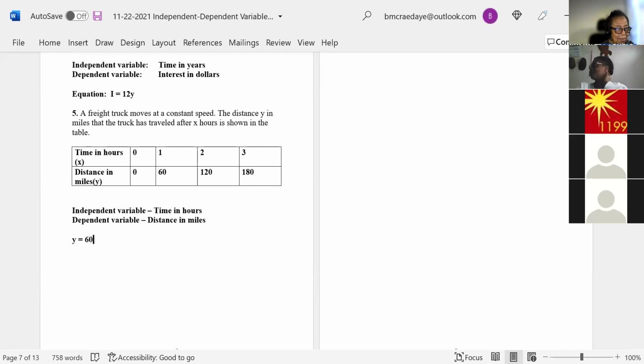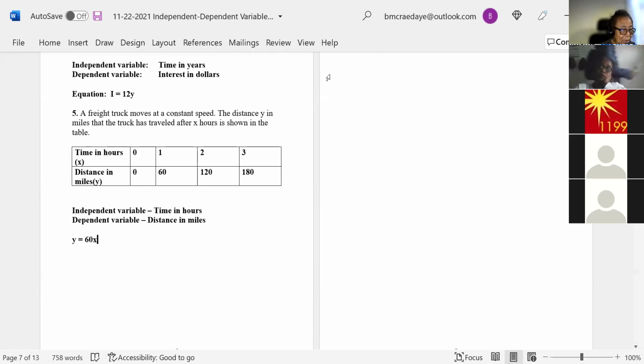What else? Time in hours is given as x. So that would be what? 60x. That's right, 60x. And you can see it from the table.